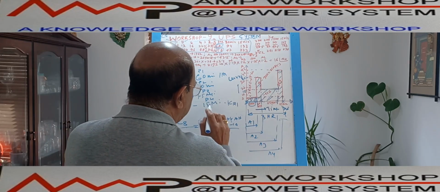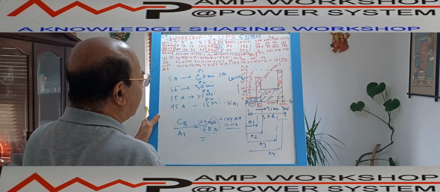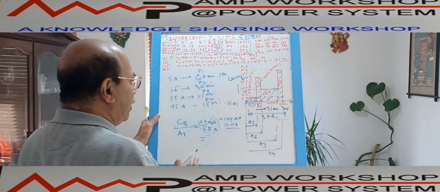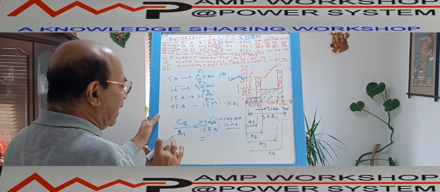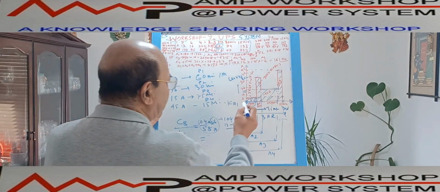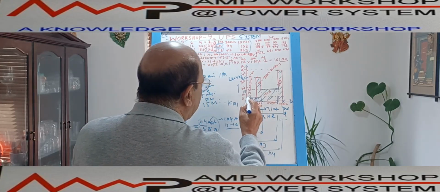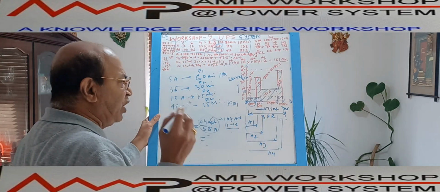Now, the second part: once we calculate the K factor, then we have to decide the ampere hour. The ampere hour will be simple. This ampere will be the change in ampere.